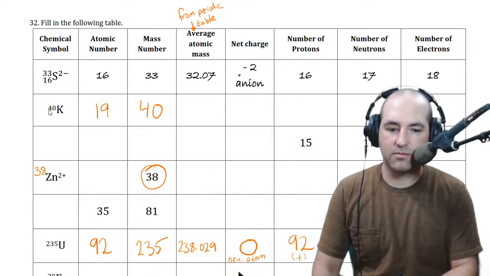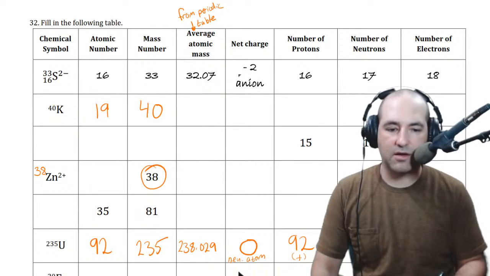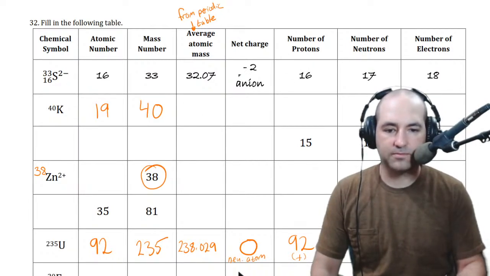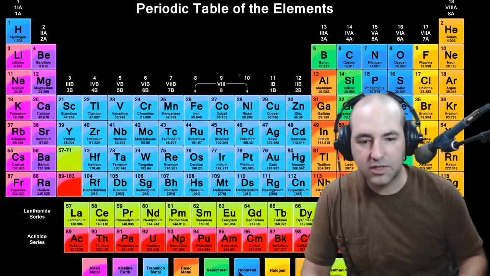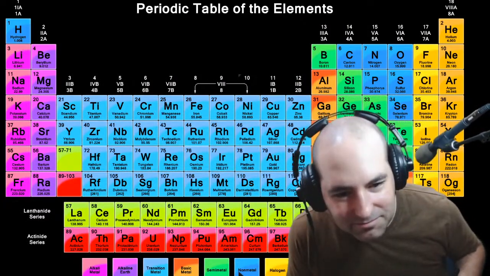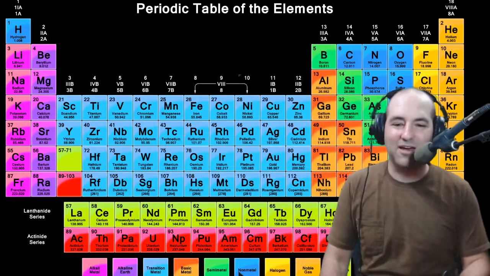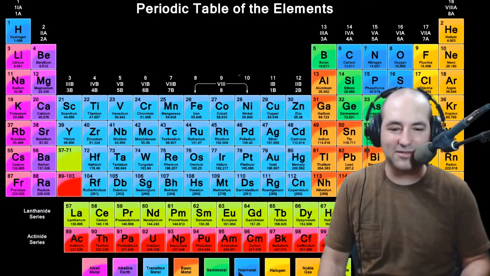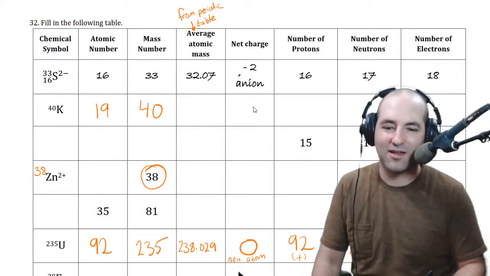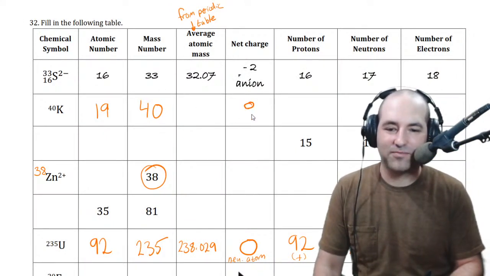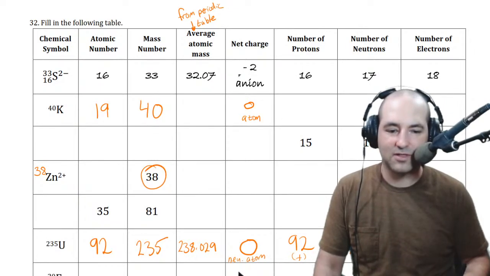We get that from the symbol. The average atomic mass is on the periodic table, which I can't read, but it's the number that's here. It's too small for me. So whatever you got, that's what that is. 39 point something, I think. The net charge here is 0, and that's an atom. Was it 39.09? Thank you.